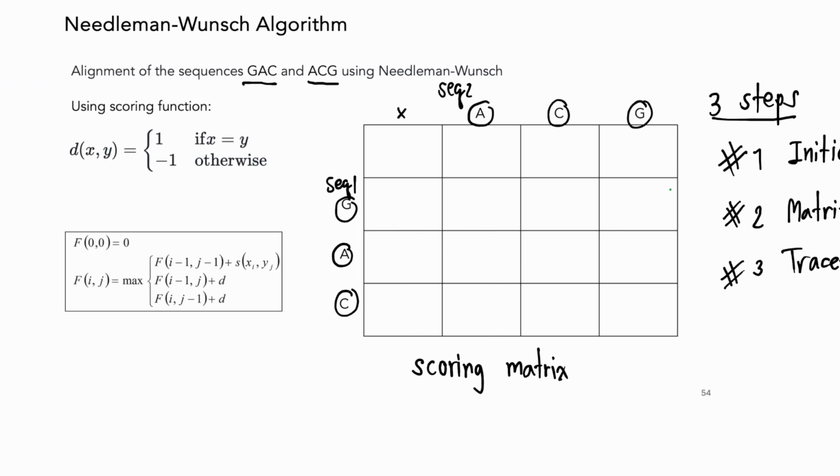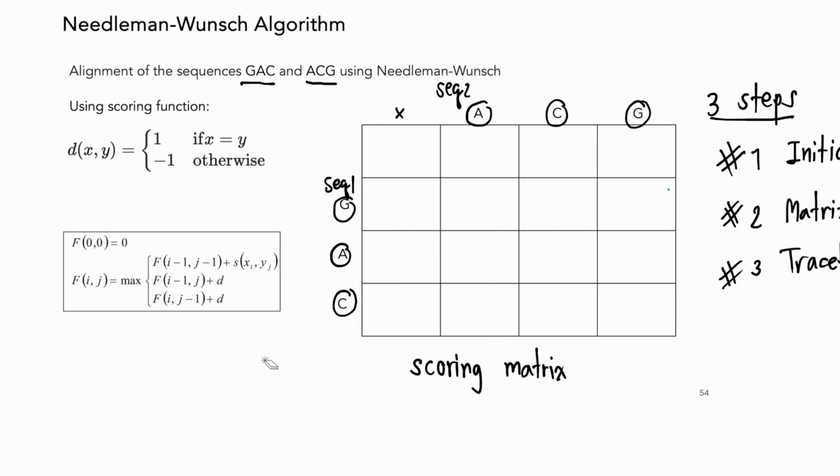Okay, let's move on to the scoring function. The scoring function determines which score we will give to each cell. Normally, we denote the scoring function as f at i and j, which means the score at row i and column j.